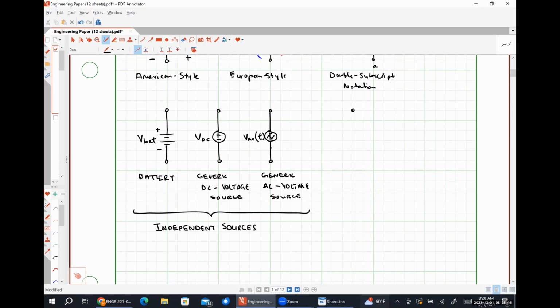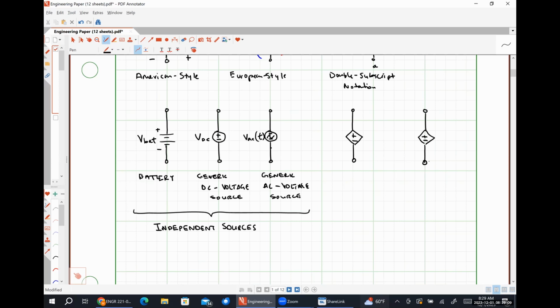And one thing that can be particularly confusing about these is that they effectively have the exact same symbol. So I'm just going to go ahead and draw both of them at the same time. And then we'll talk about the difference here in a moment, okay?